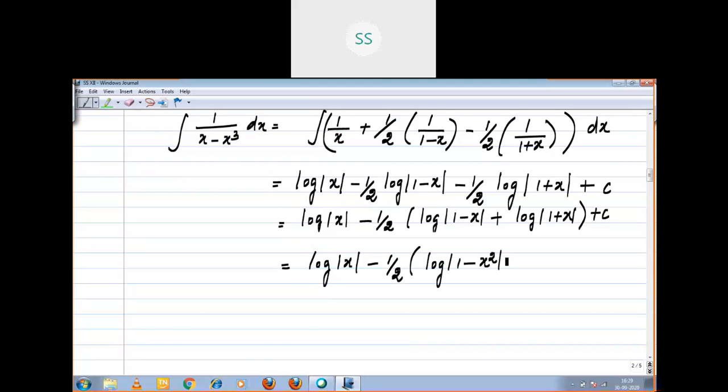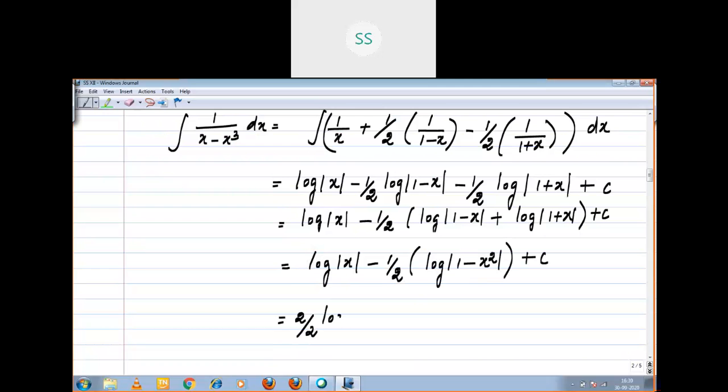Now I am going to use the logarithmic property. Log A plus log B can be written as log A into B. Log of mod x minus 1 by 2 into log of modulus 1 minus x square.